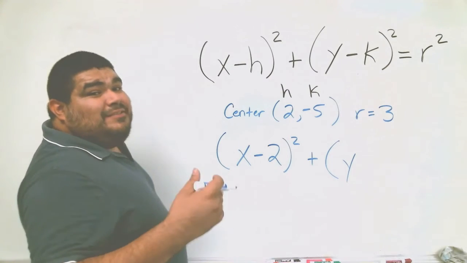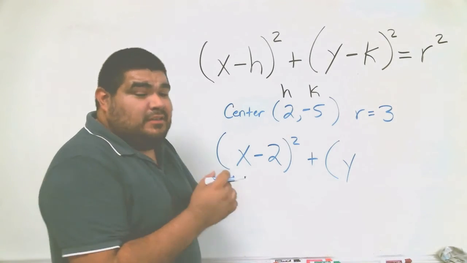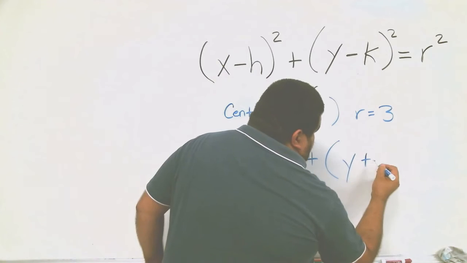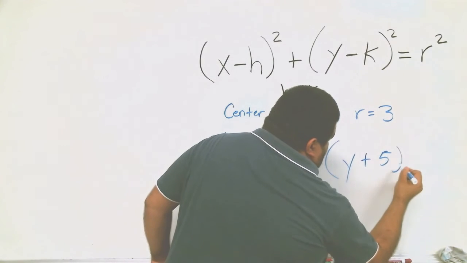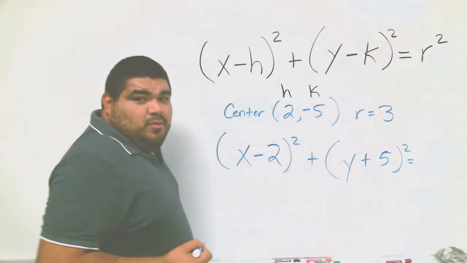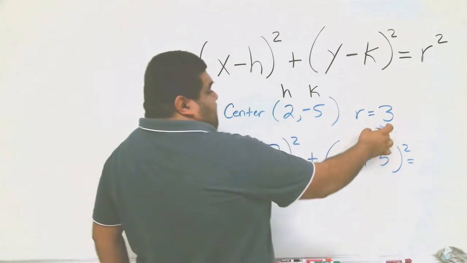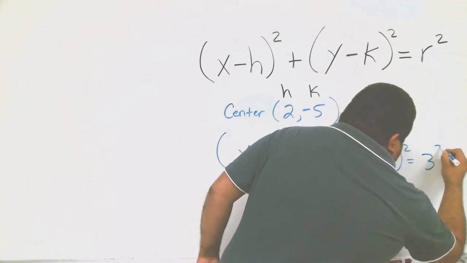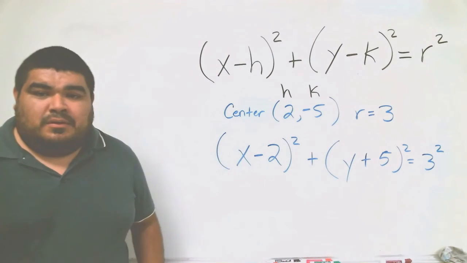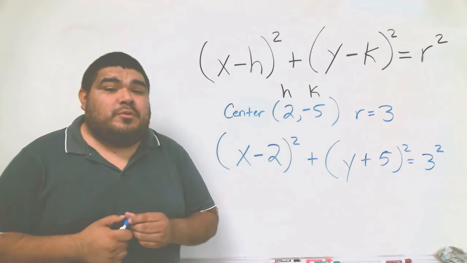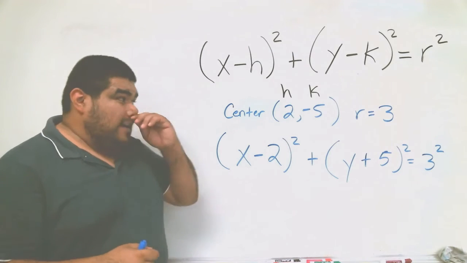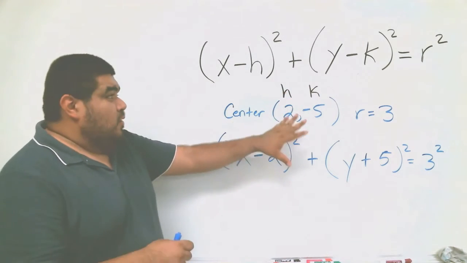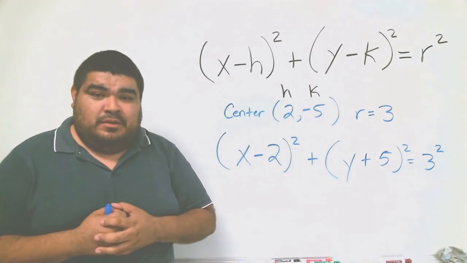That means that negative times negative makes it a positive, okay? So plus 5 squared equals our radius, which is just our number, 3 squared. And we're done. That's all we're doing. We're just plugging it in, okay? All you have to do is label it and then plug it into the equation.